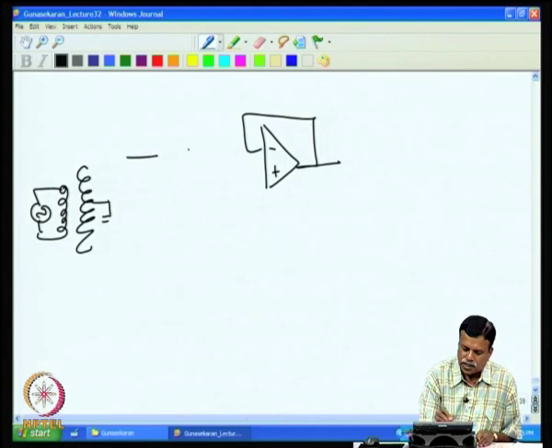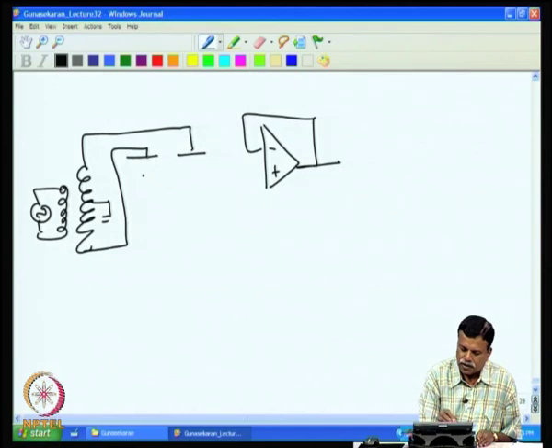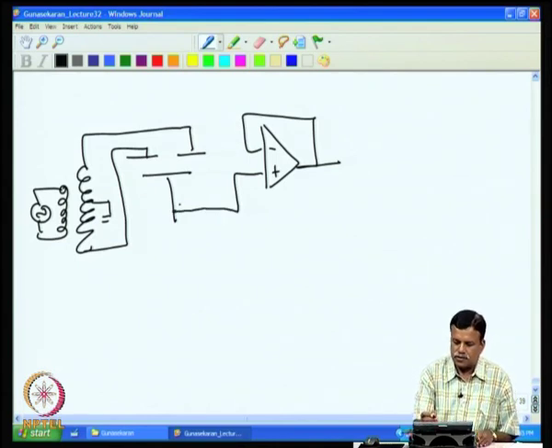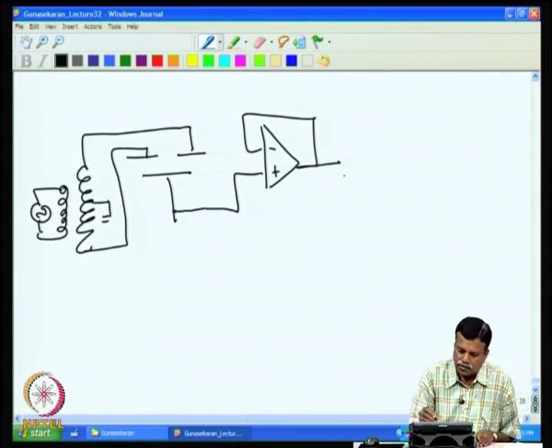For example, if it is an area variation, then we can connect the similar arrangement here and connect it to this amplifier, and then you will get the output voltage.